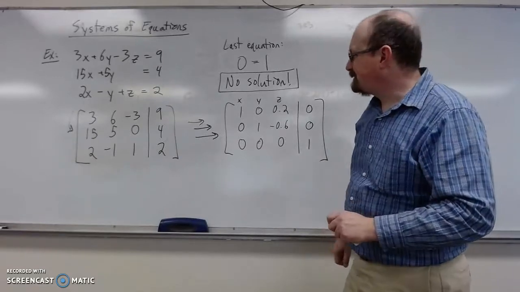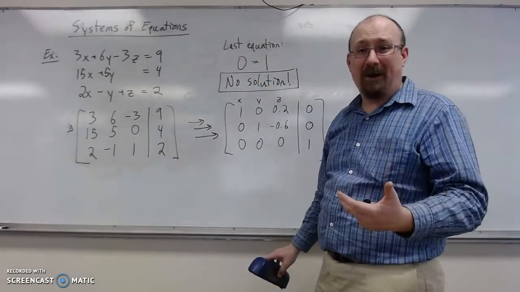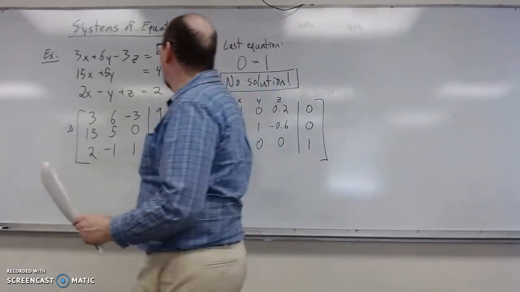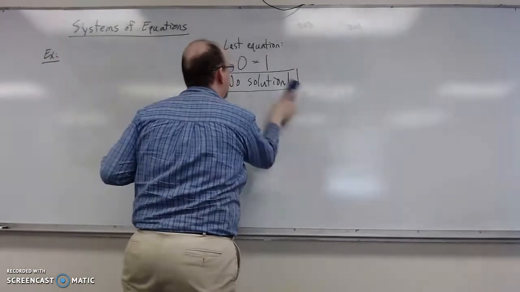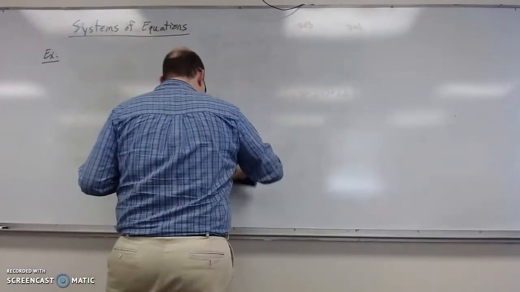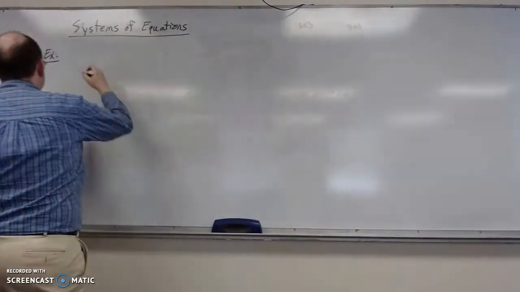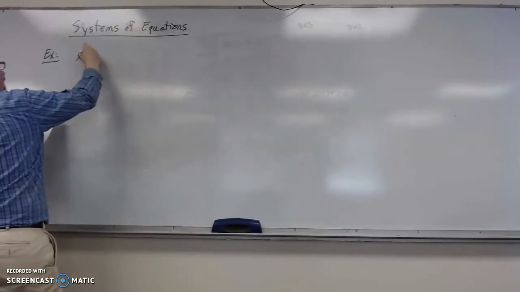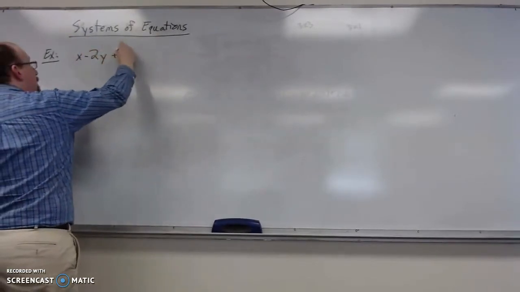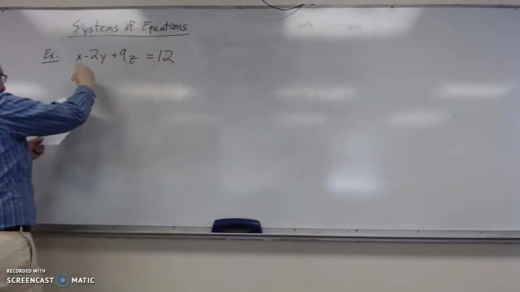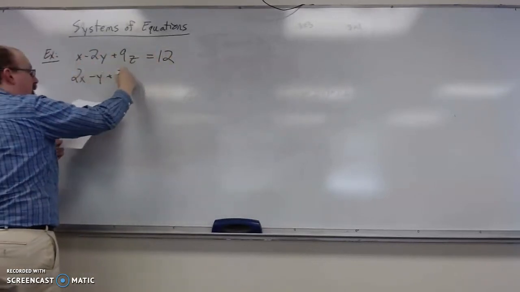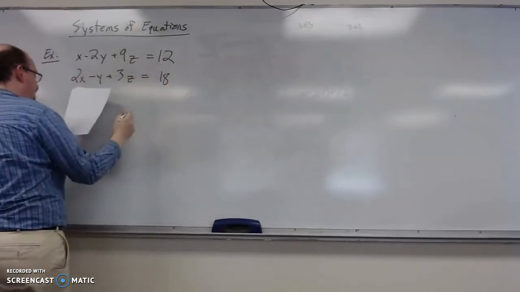Now, as it turns out, there's one more example I want to take a look at here really quickly. So this last example, we have x minus 2y plus 9z equals 12. 2x minus y plus 3z equals 18.